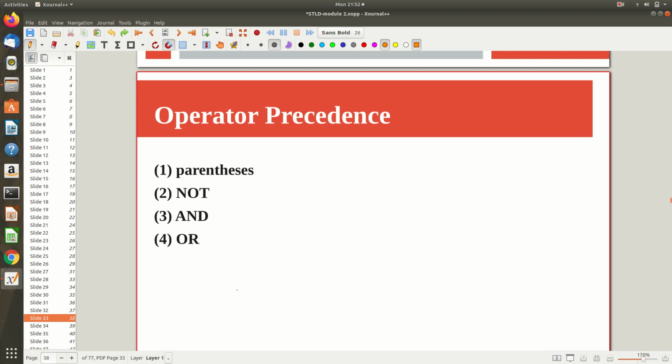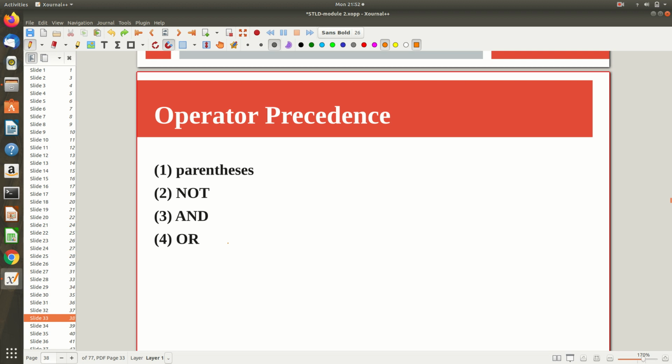So in Boolean algebra, we have the unary operator, that is the negation of A. Negation of A or A complement means I am taking the complement. If A is 0, the complement of A will be 1. That complement operation, or the NOT operation, has higher precedence than AND and OR, because both AND and OR are binary operators.